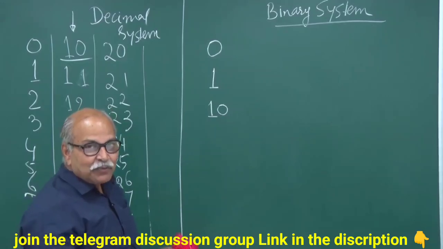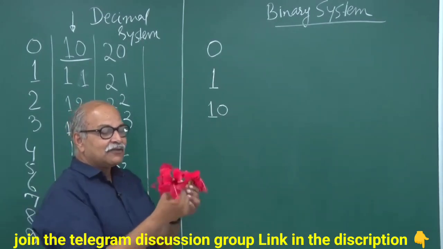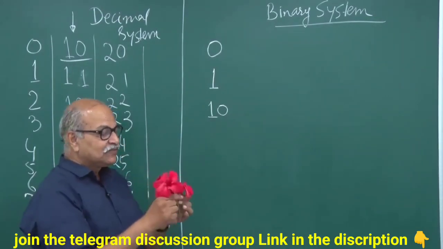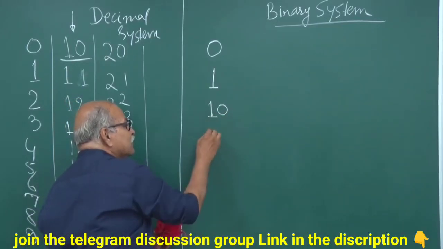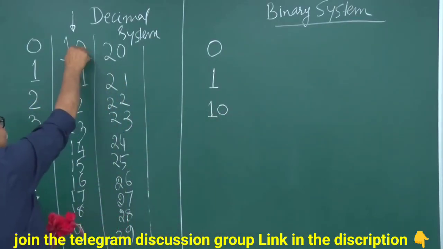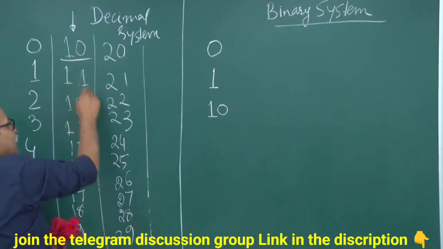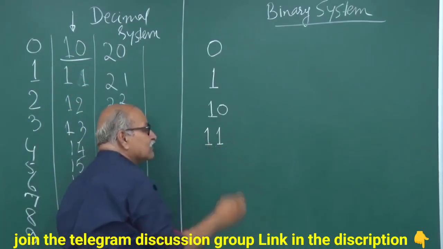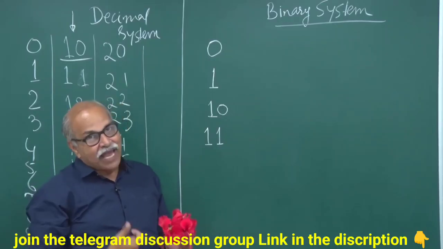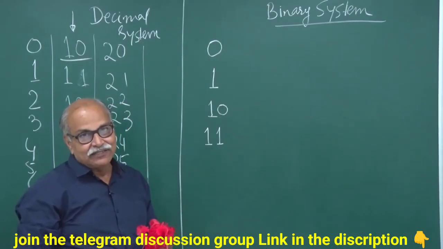And if I add one more flower here, then what do I do? I have to increase this number by 1, and as I did here, from 1 0 I went to 1 1, here also I will go to 1 1. And that is the maximum in 2 digits I can do.